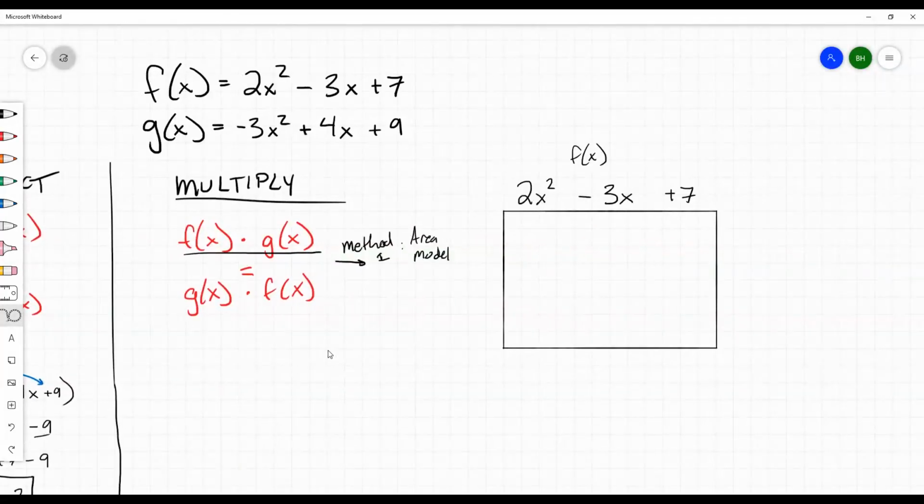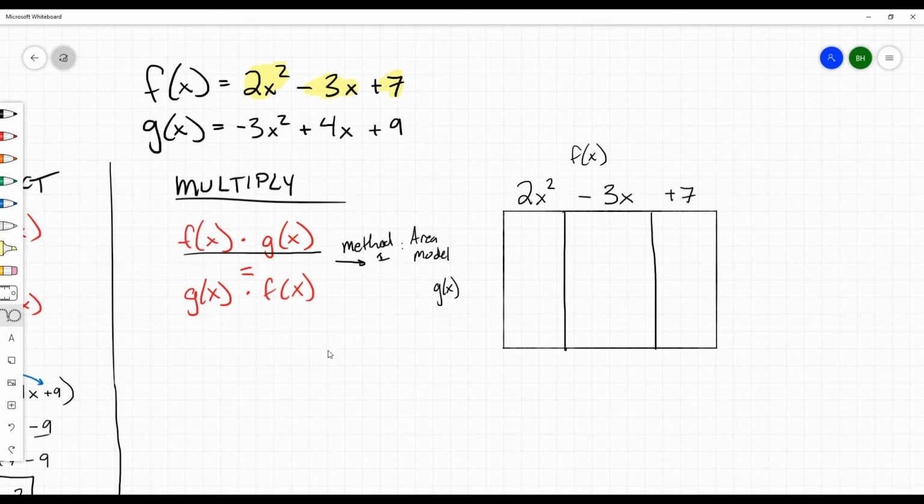So every term in these functions, anything that's separated by an addition sign or a subtraction sign, so there's one term, there's two terms, there's three terms, every term gets its own column or row depending on where you're putting it. So then there's f of x, and then my g of x would fall on this side.